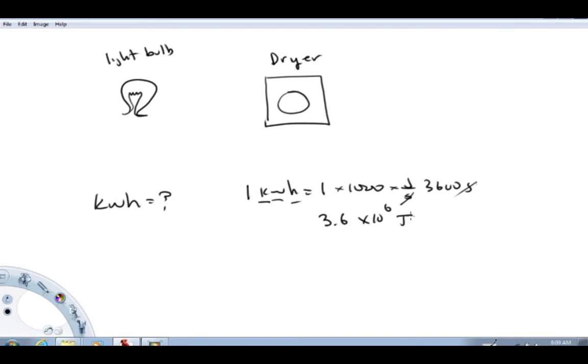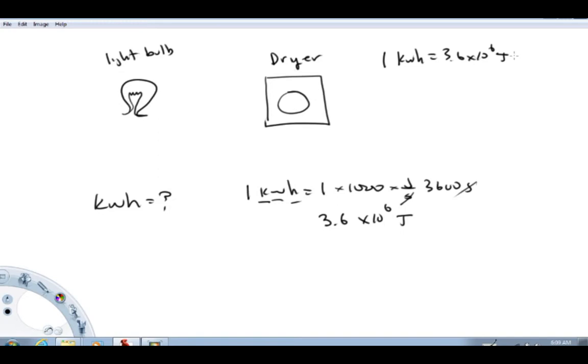It's 3.6 million joules. When we're charged by the electrical company, they don't typically charge us by the joule. They charge us by this quantity called the kilowatt hour. And this is the equivalent: 1 kilowatt hour is equal to 3.6 times 10 to the 6 joules. The joule just isn't a real convenient unit of energy for the power company to charge us with.